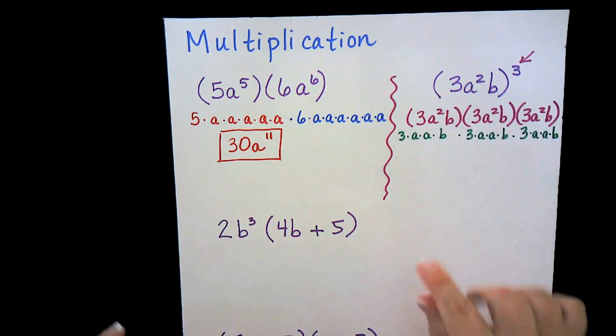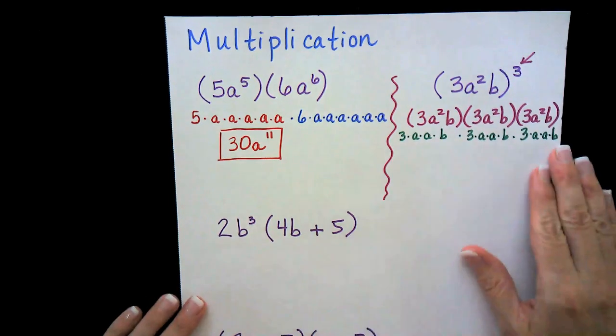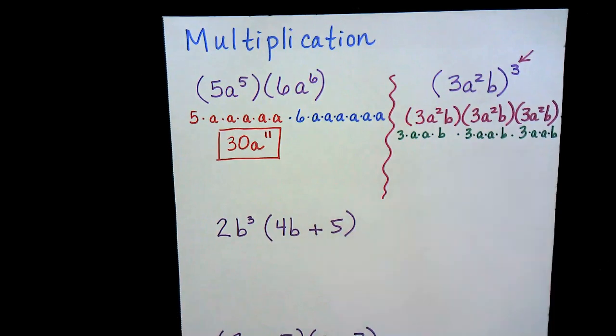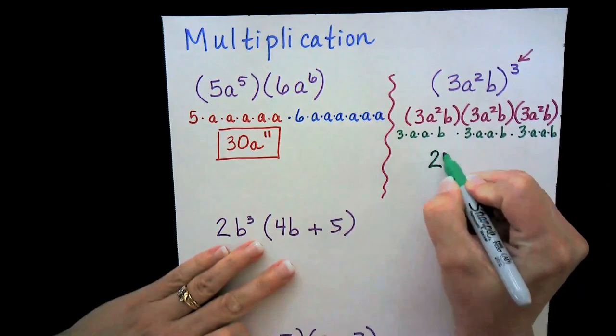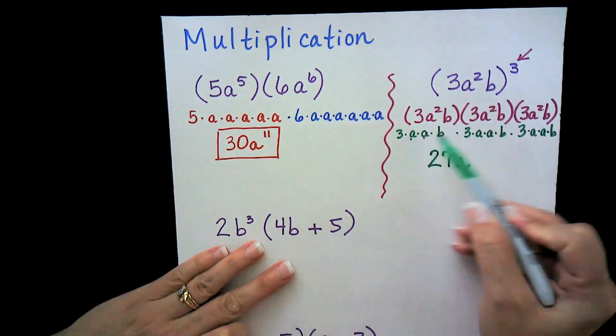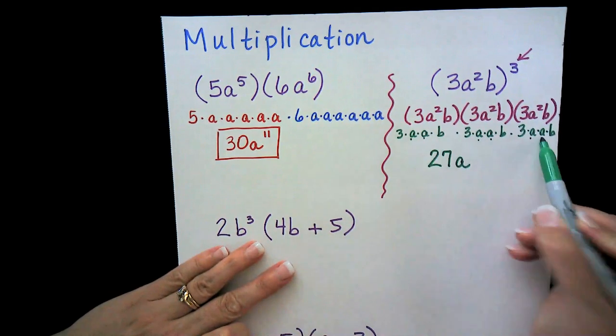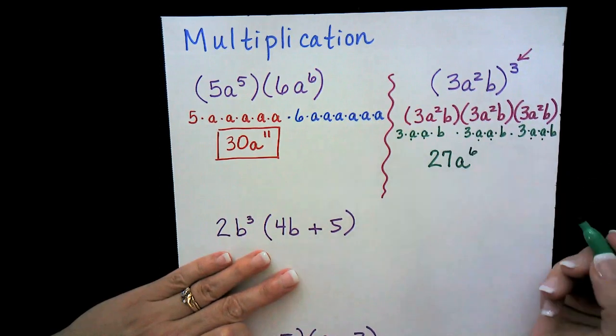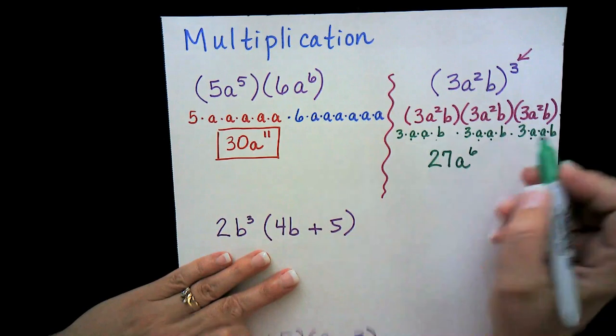Okay, now you have the multiplication all written out. Let's multiply. 3 times 3 is 9, times 3 again is 27. Look at your a's. You got 1, 2, 3, 4, 5, 6 of the a's being multiplied together gives you a to the 6th. And then you have 3 b's being multiplied together.